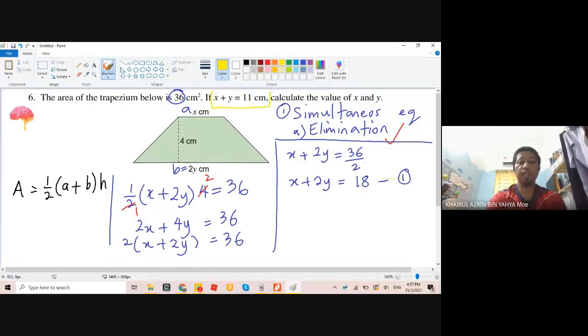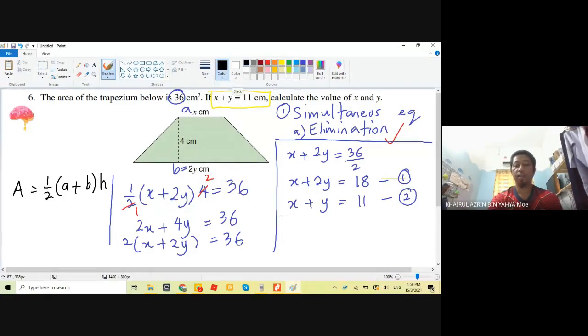We are also given that x plus y equals 11 cm. So we use this information: x plus y equals 11 cm. This is the second equation that we get from the statement.